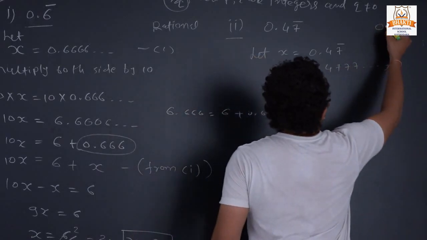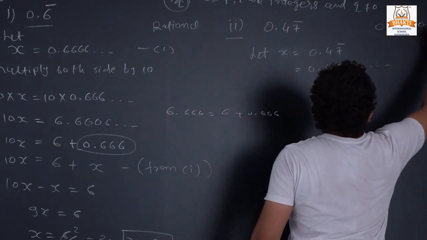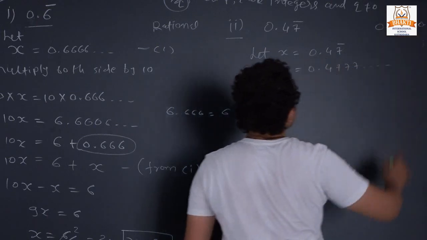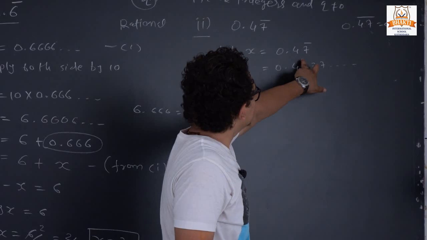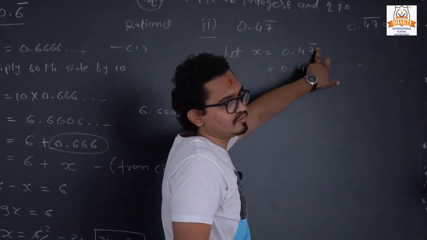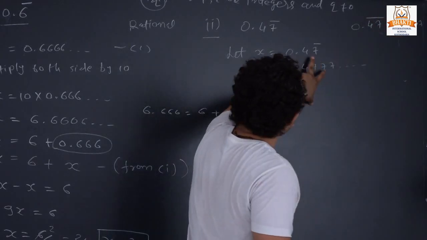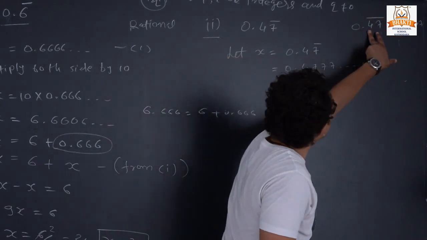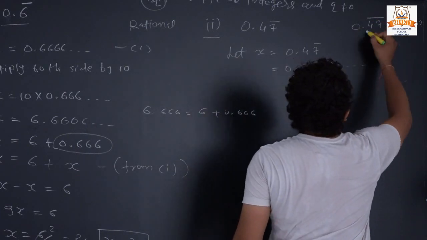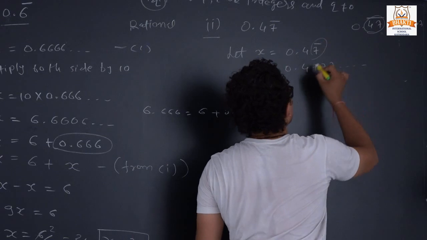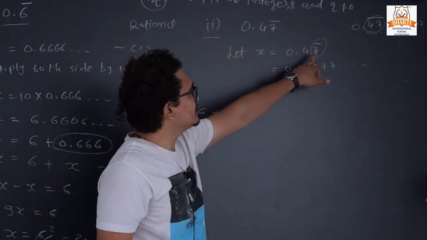If they write 47 with the bar over both digits, then both digits are repeated. Here we have only the bar over 7, and there we have the bar over 47. So 47 bar means two digits are repeated, and here only one digit is repeated.